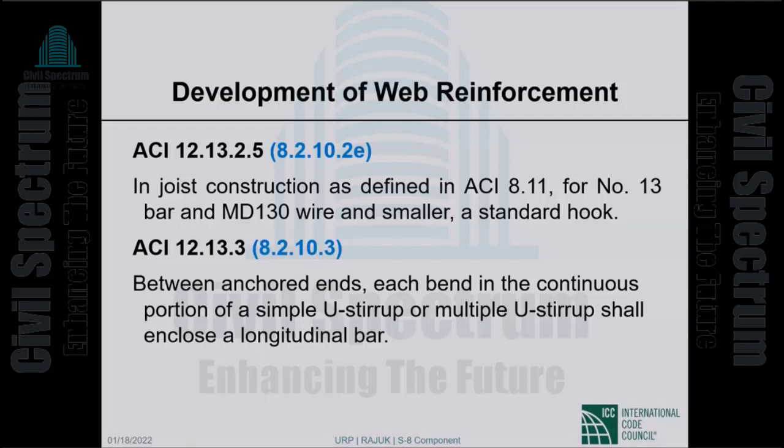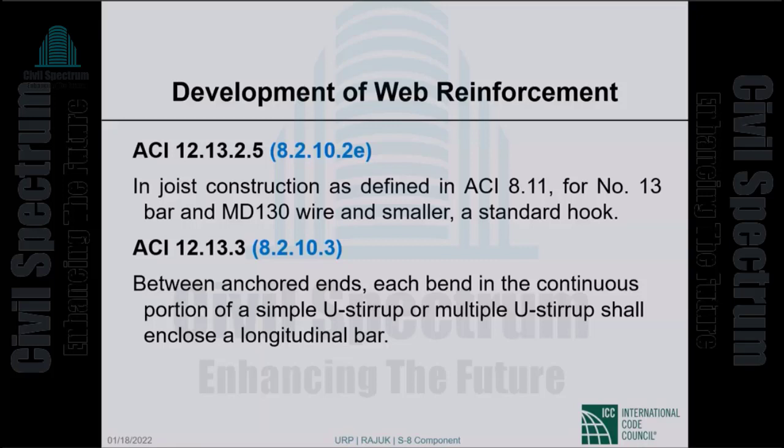But then this U, okay, so you start with let us say the left bar to the top. The stirrup hooks around that, comes down, then it goes around a bottom bar, and then it goes again around another bottom bar, and then goes up, and then hooks around the top right bar.